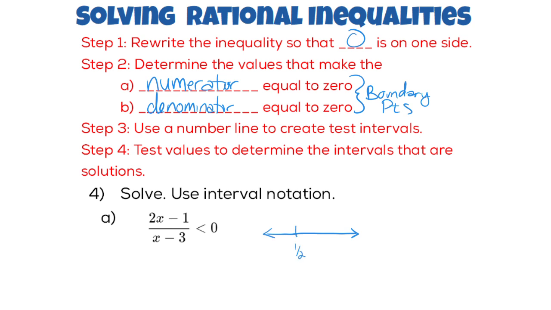So I've got a 1/2 and a 3. This is a rational, and remember that whole thing with the domain, even though it's an inequality, we should still have an awareness of our domain. X cannot be 3.